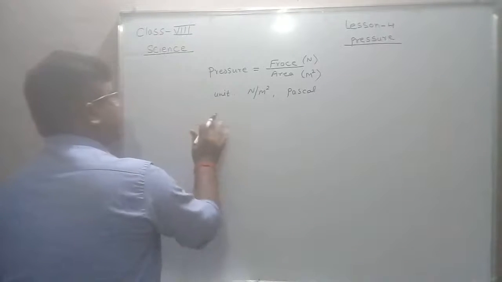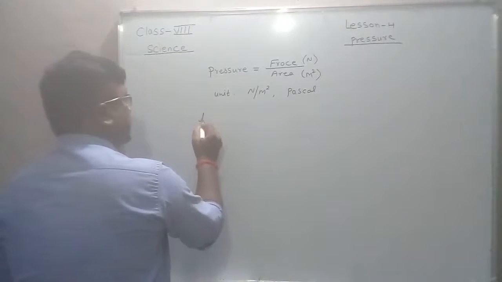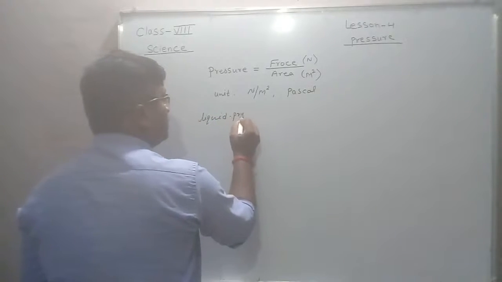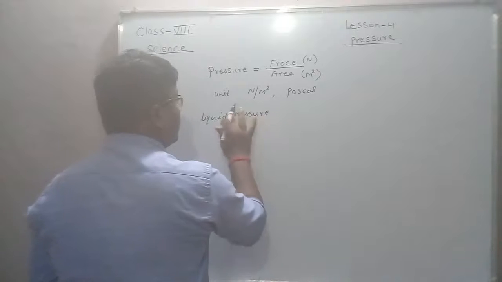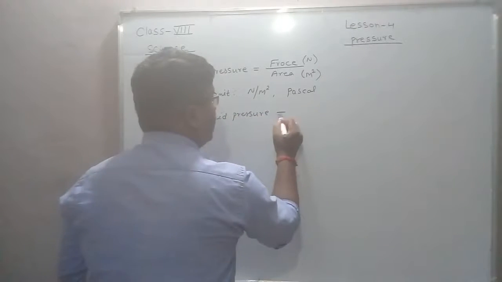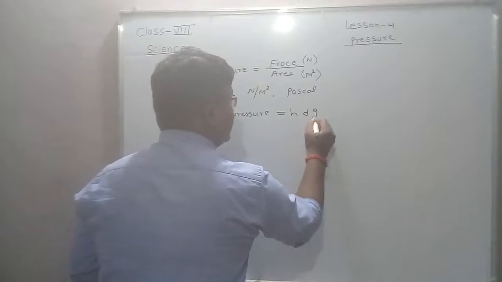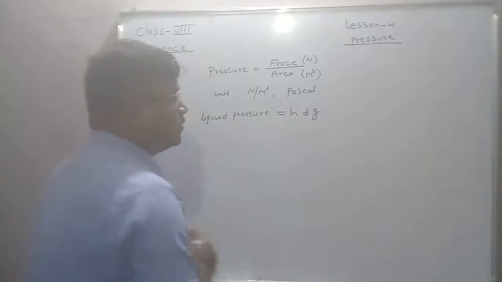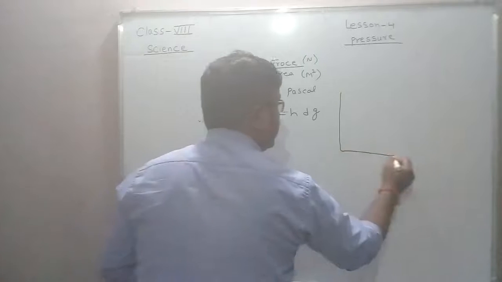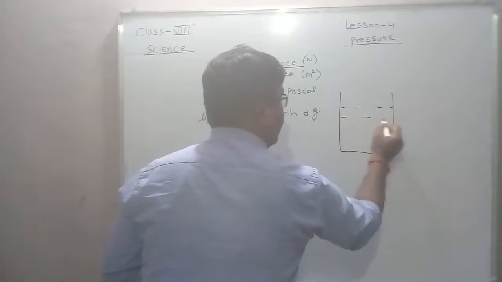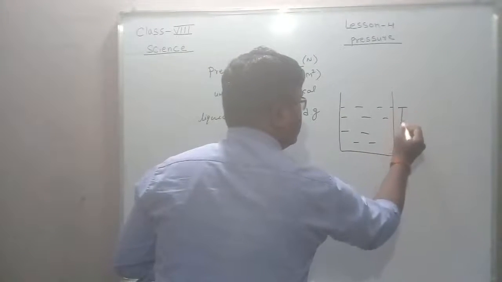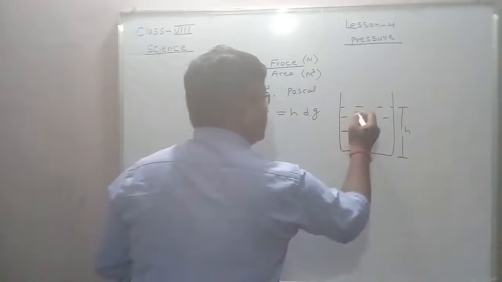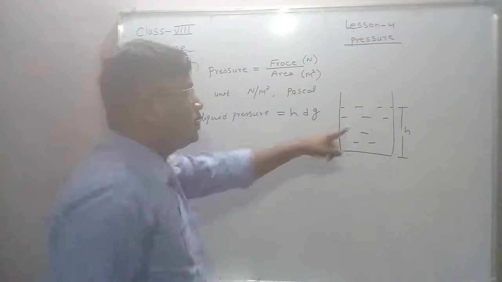Similarly, we have also learned the formula for liquid pressure. The formula was P equals H d g, where H is the height of the liquid column. Suppose in a vessel the liquid is contained up to the height H. D means the density of that liquid.